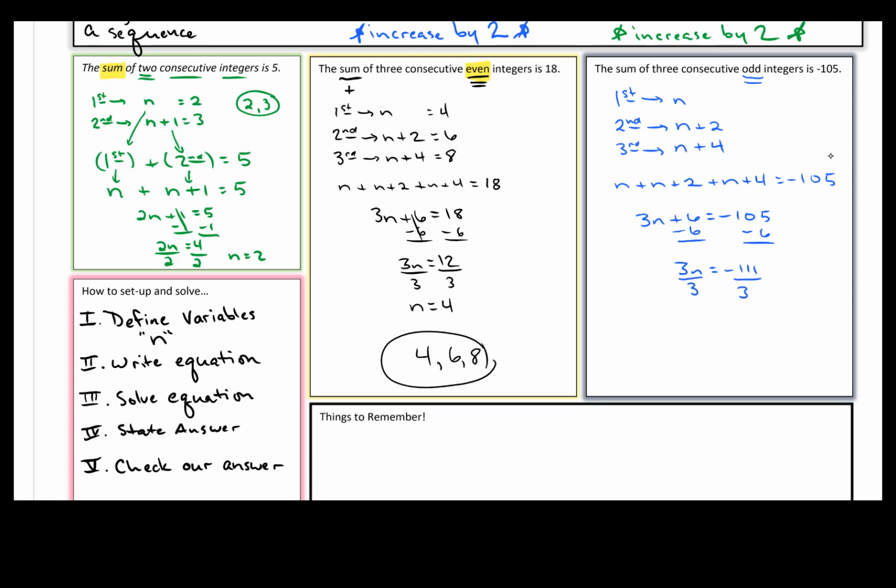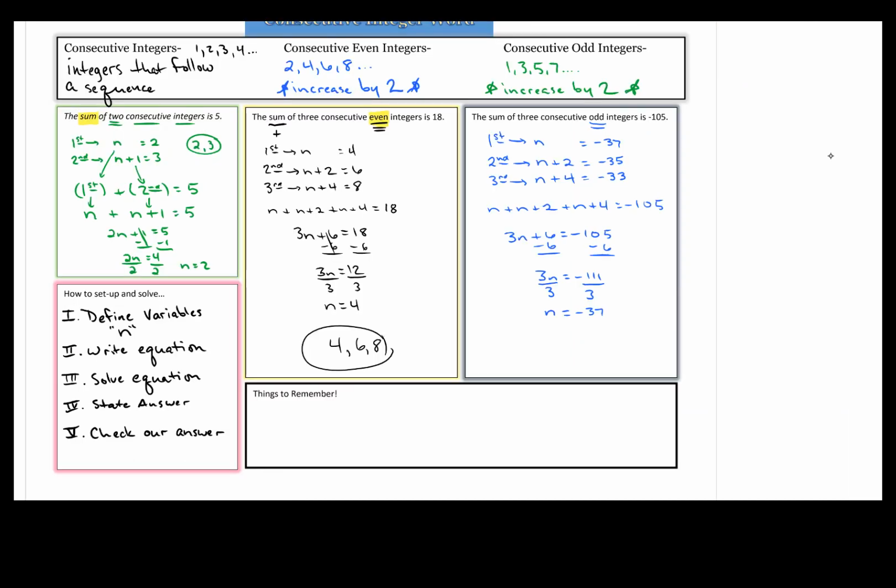Keep going, divide by 3. And n is negative 37. Now be careful when you plug these back in, because that negative is going to mess you up if you're in a hurry. This is actually negative 37, then negative 35, and then negative 33.